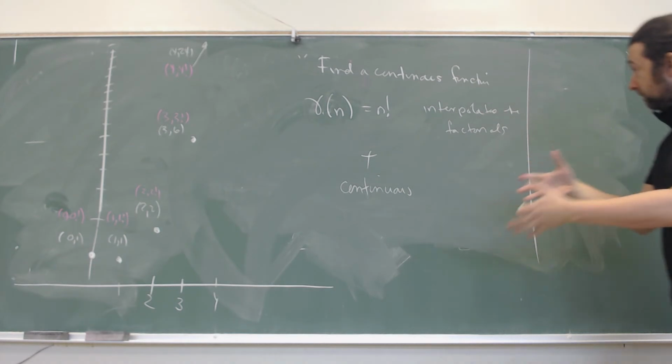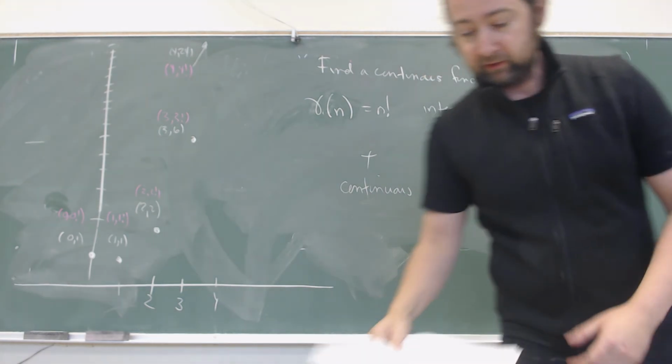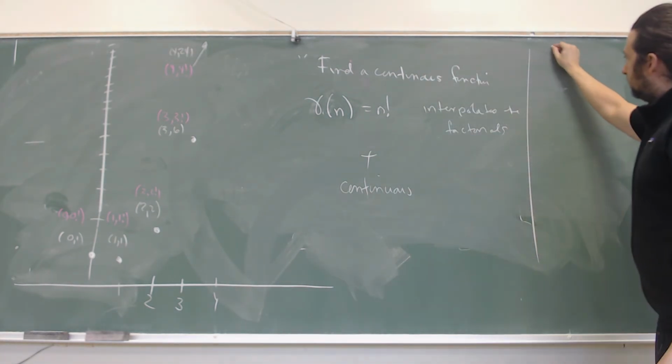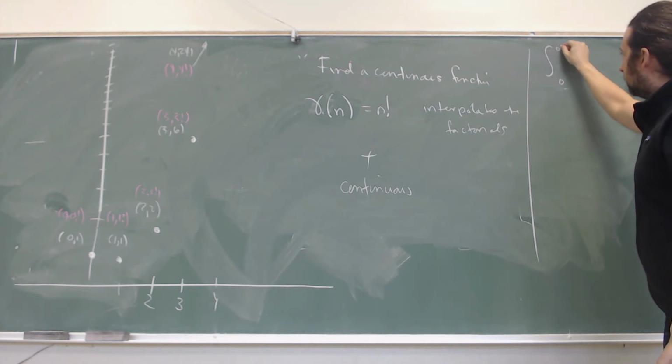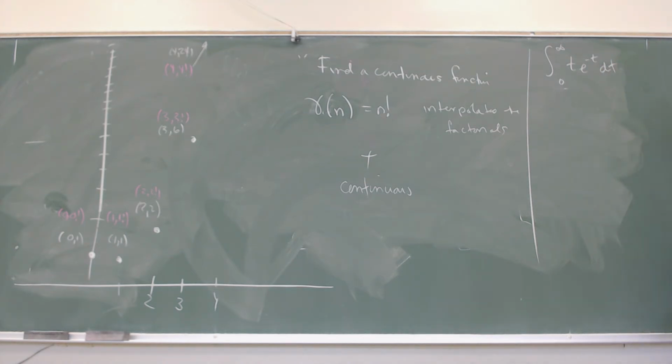So basically these guys were playing around with integrals of certain shapes, and what they discovered was the following. Let's think about this for a second. That's an obvious integral.